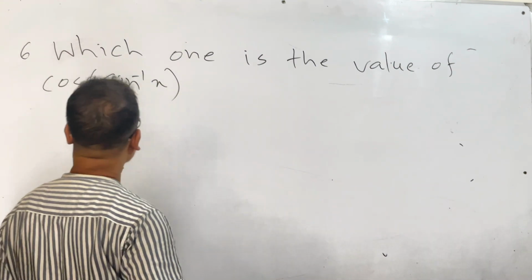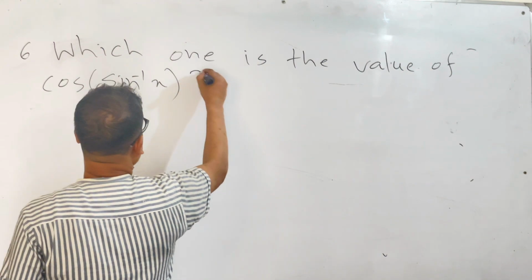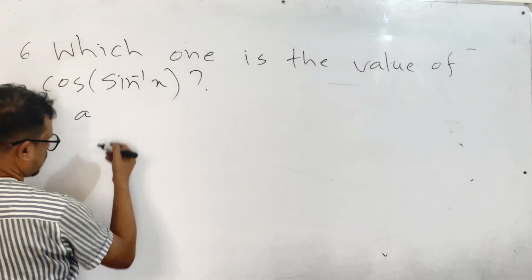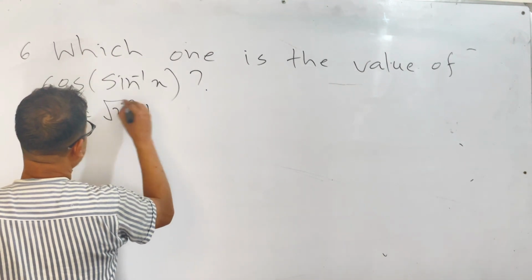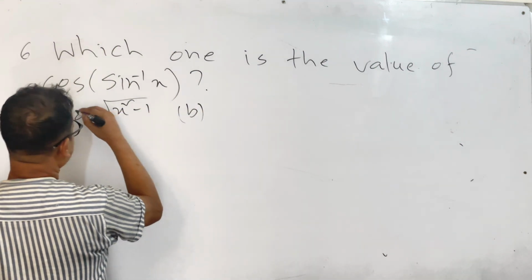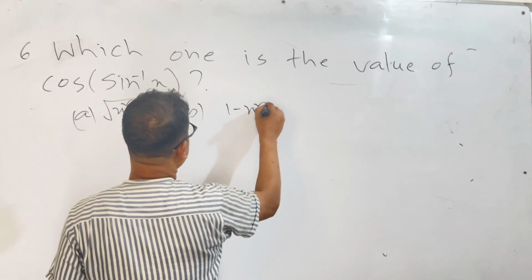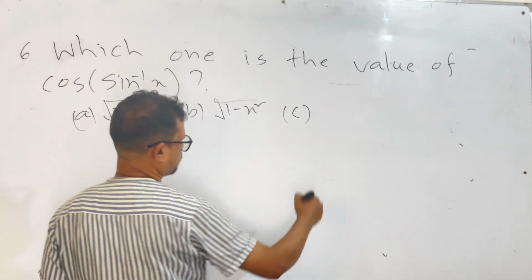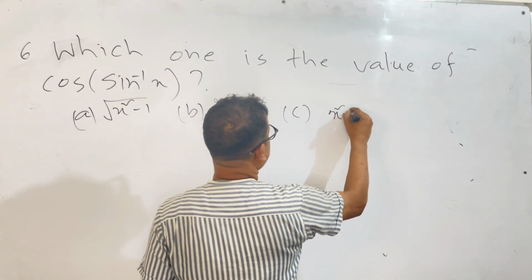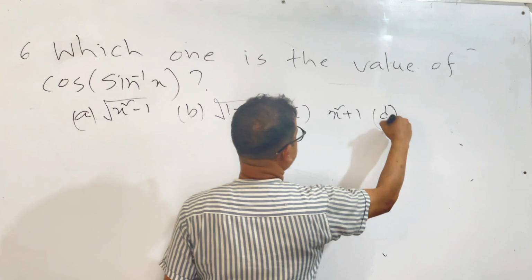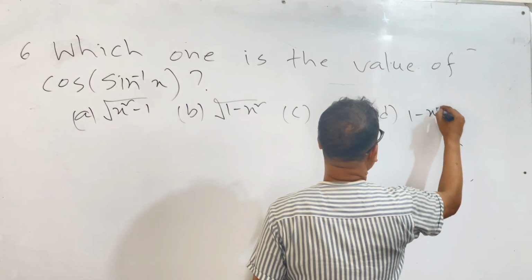A, root of x square minus 1. B, root of 1 minus x square. C, root of x square plus 1. D, 1 minus x square.